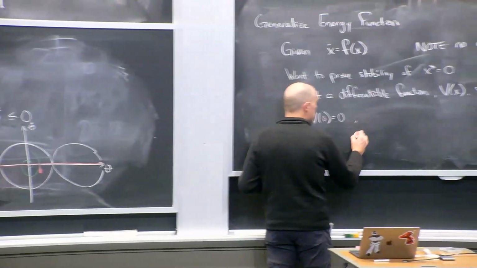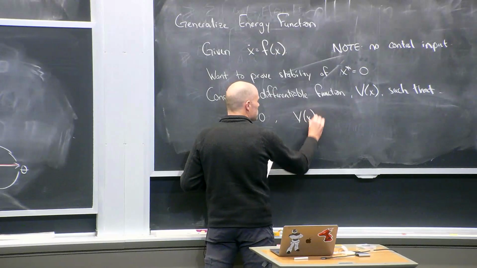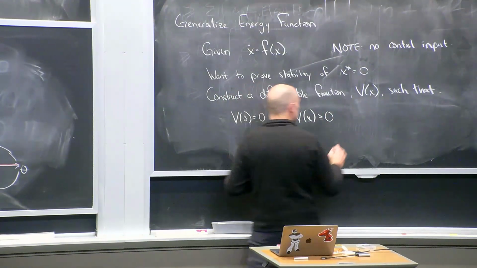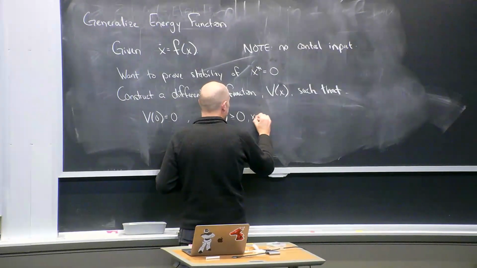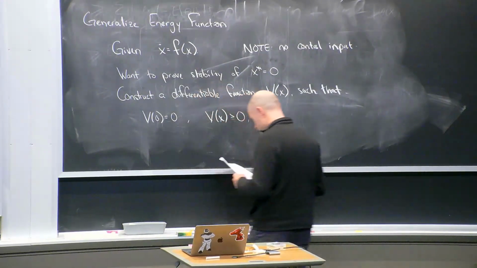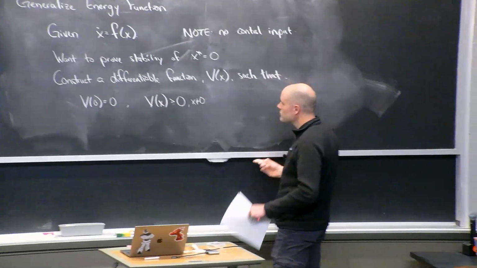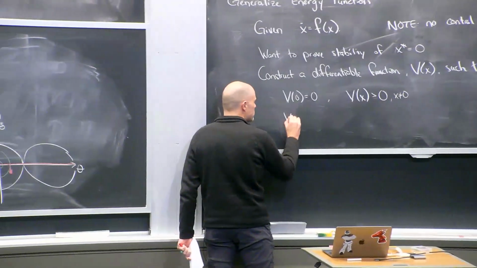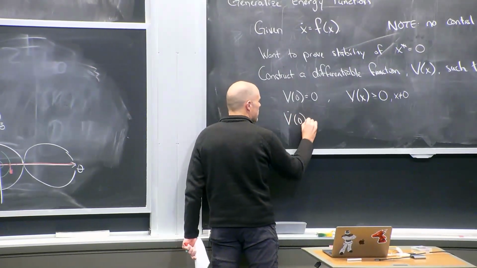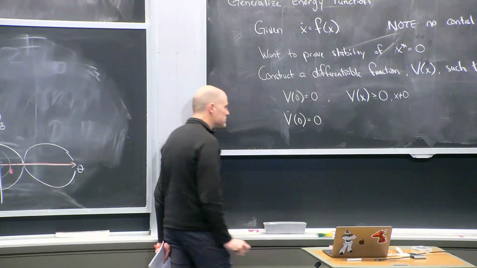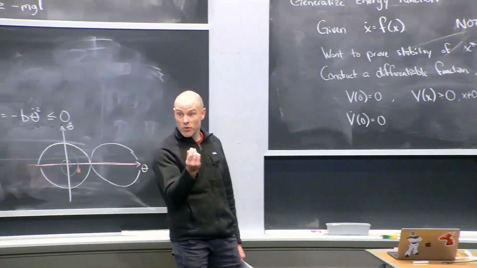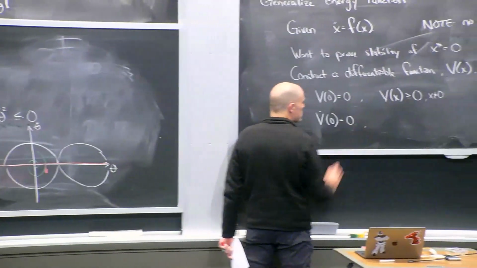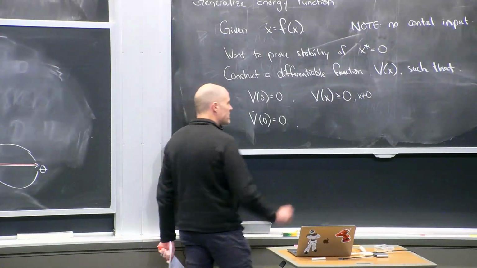And I'd like v of x to be positive everywhere when x is not equal to 0. And then I want to say something about its derivative. I'd like v dot at the origin to be 0. I'd like the origin to be a fixed point in that Lyapunov energy function. And then I'd like to say I'm going downhill.